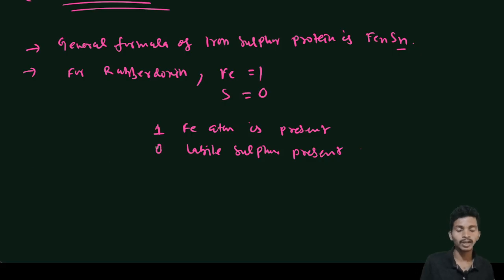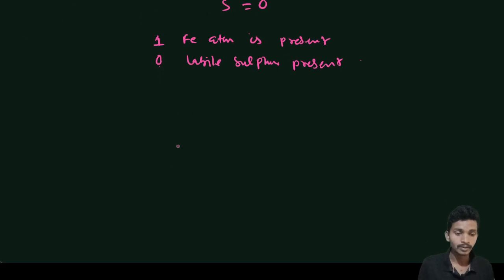It means that no labile sulfur is present, and we have discussed that whenever Fe is present, it is always attached to 4 sulfurs, which may be labile or non-labile. But here the labile sulfur is 0, so the 4 sulfurs must be non-labile sulfurs.